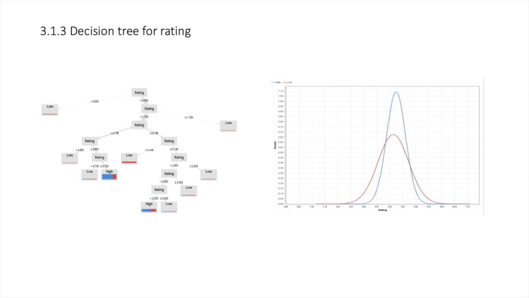The high demanded applications distribute in two scales of rating score, 4.1 to 4.75 and 3.25 to 4.146 respectively. In fact, the applications with too low or too high rating scores are all not high demanded.